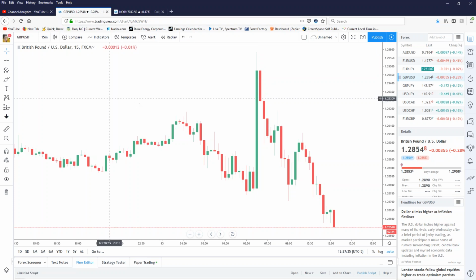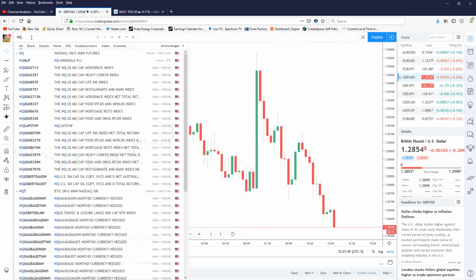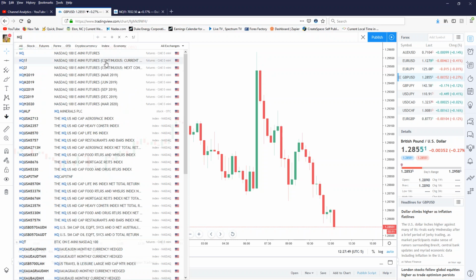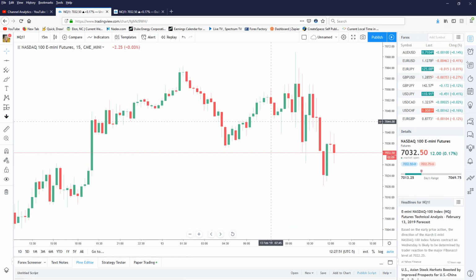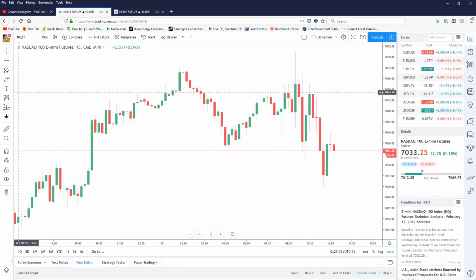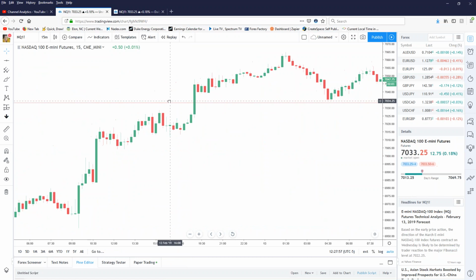Now, the other reason I really like doing the touch brackets, let's see. Let's look at the NQ. I don't typically like to be in the market at the opening for the NASDAQ. But yesterday morning I was.